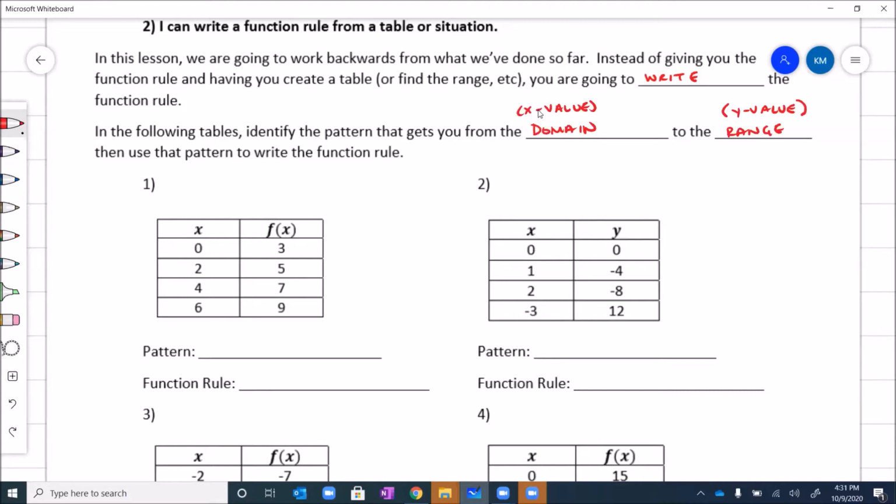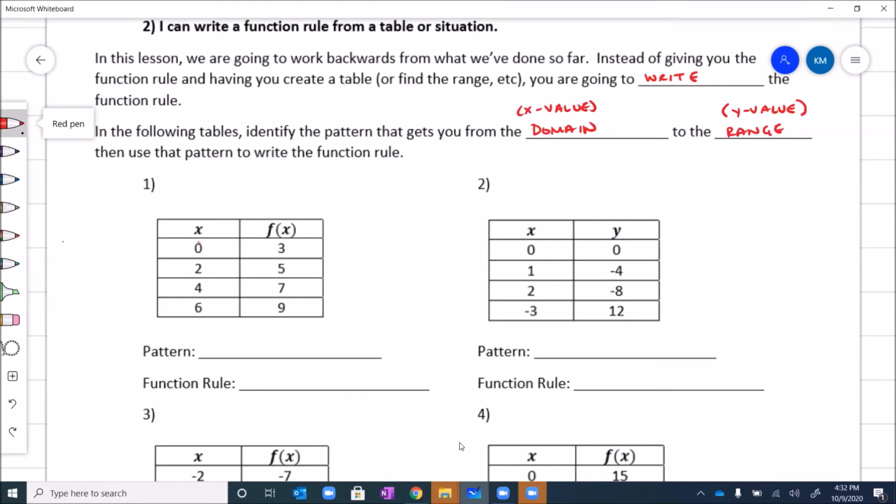Does this get me from domain to range? You should not be saying "I add 2 every time," because this doesn't take me from domain to range. Instead, this takes me from one y to the next, which is not how we write a function rule. We write a function rule by saying what goes from 0 to 3, from 2 to 5, from 4 to 7, from 6 to 9. We're always saying how do I get from x to y.